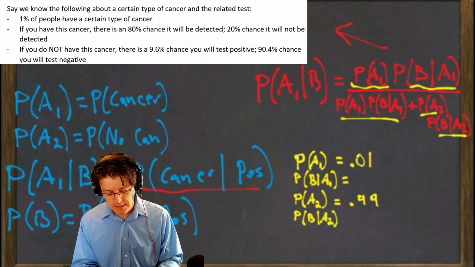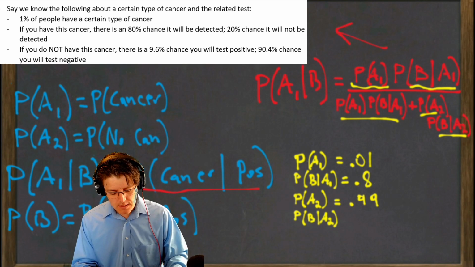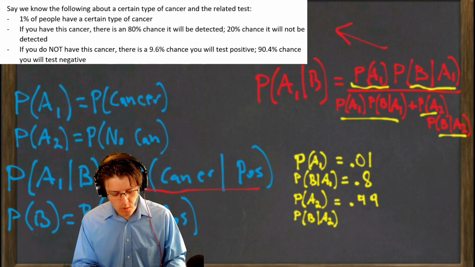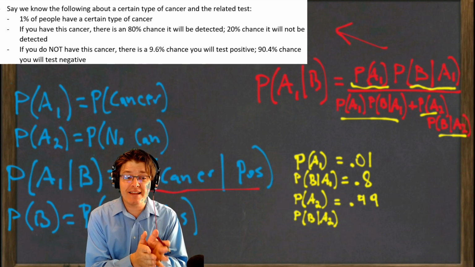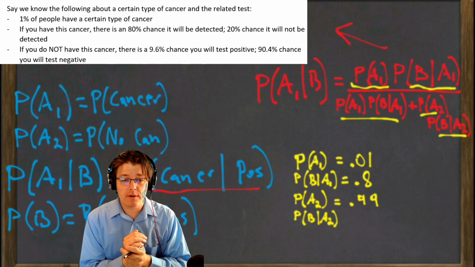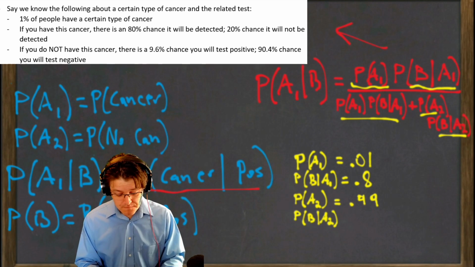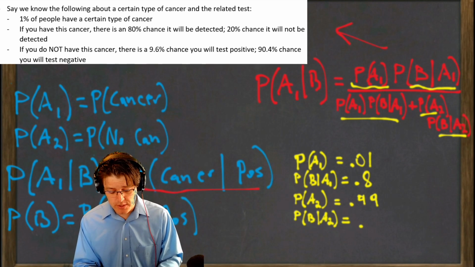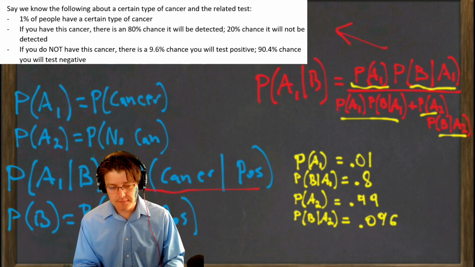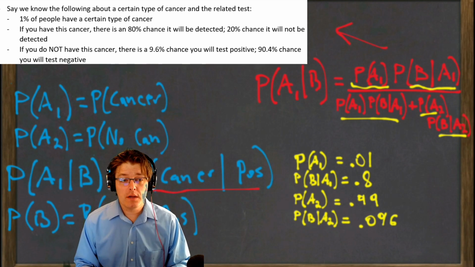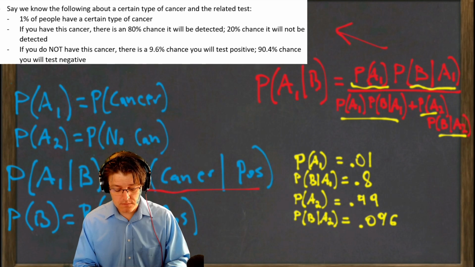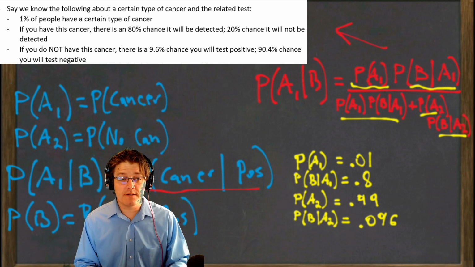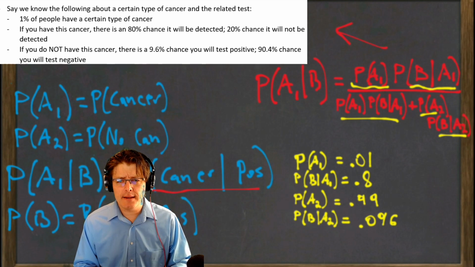So this is 0.8. And then what if you don't have cancer? There's still a chance that you show up as a positive. That would be a false positive, but still a chance. And so we have 9.6%, so 0.096. Okay, so now we have our four missing pieces here.